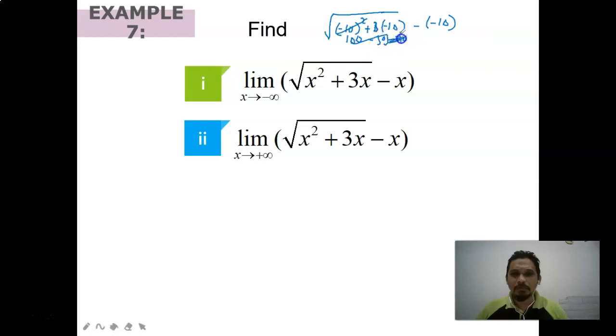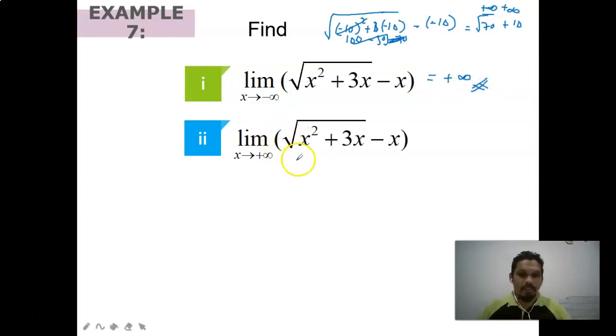So the square root of 70 is still positive infinity. Negative times negative is positive, and 10 is still positive infinity. So positive infinity plus positive infinity is positive infinity.